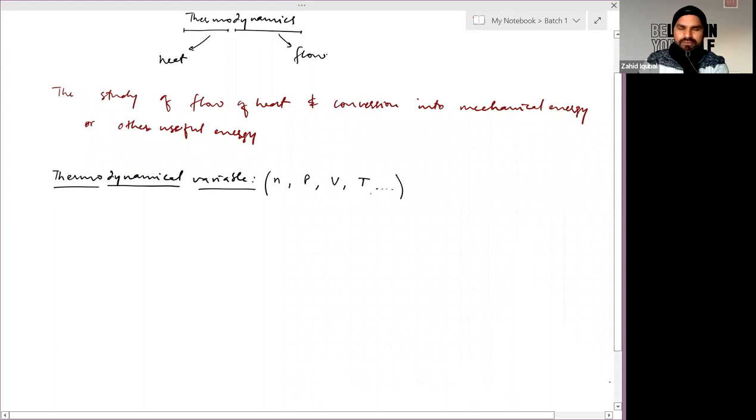So these different physical quantities are termed as thermodynamical variables. So you can say the quantities on which the condition of gas may depend.